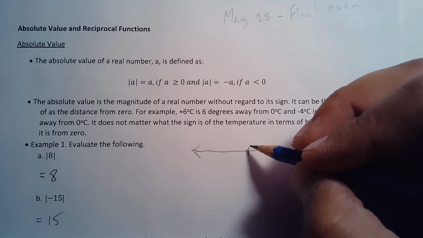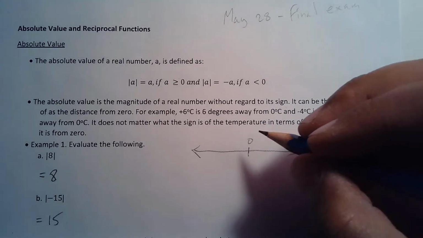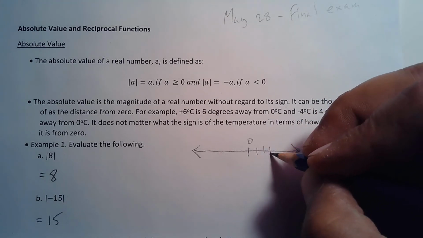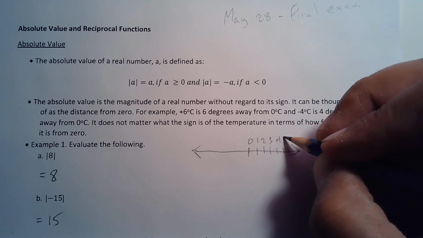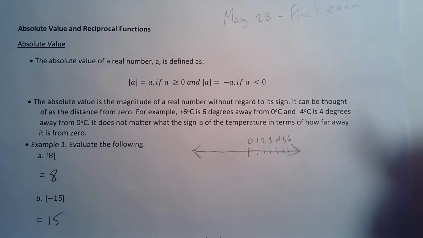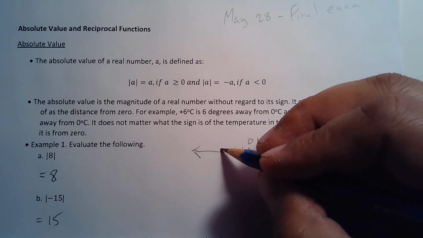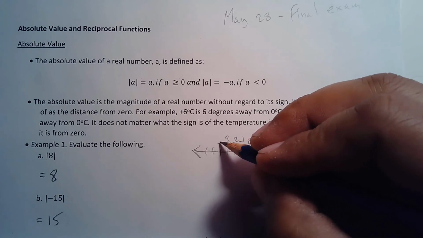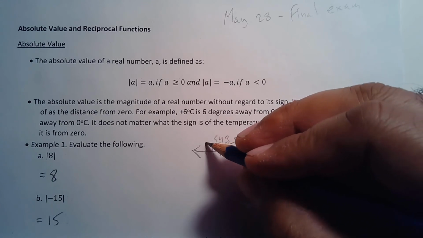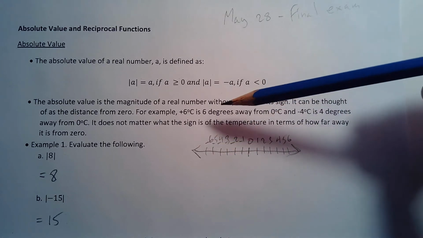and let's say this is your 0 point, and we've got 1, 2, 3, 4, 5, 6 on the right, just like how we do the graphs, and then on the left, -1, and so on.